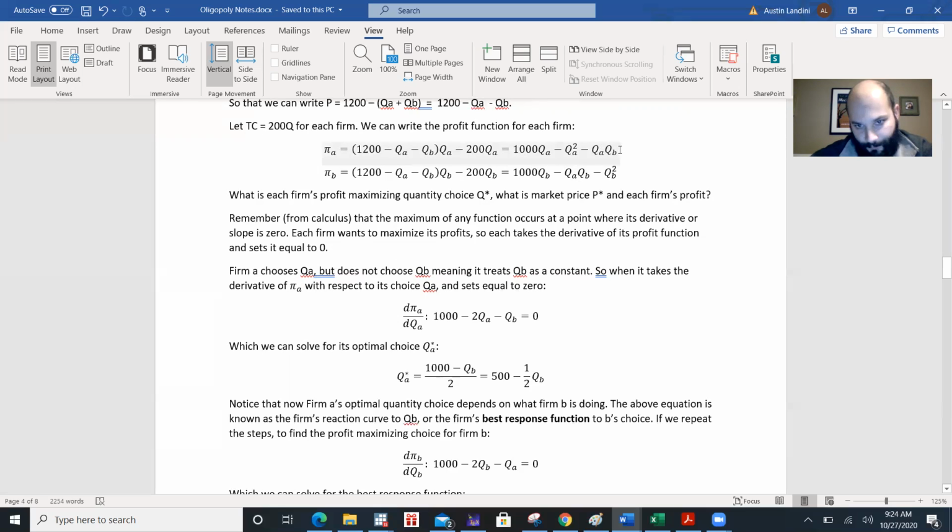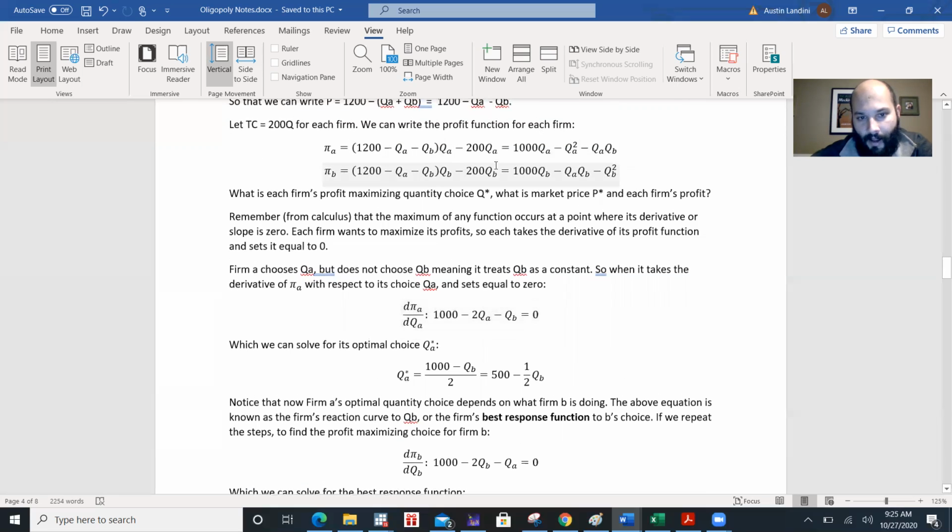We get 1000 minus, bring down 2QA to the 1 power, minus QB, which is constant: 1 times QA to the 0, which is just 1, times QB. That's where this QB is coming from.